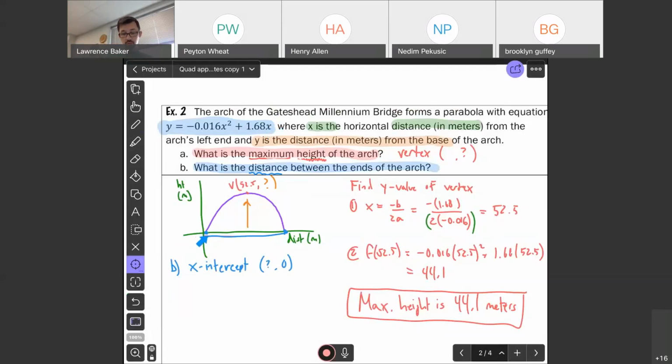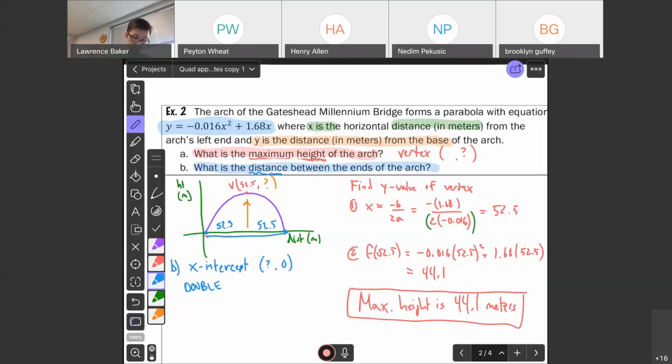If that's true, what can we do, right? What do we know about the vertex? It's right there in the middle of the parabola. So if I know where the middle is, then I should know where the other end is, okay? So because the x-intercept is 0, I can take that number and then just double it. And that gives me my further x-intercept, okay? That's all I have to do. Okay.